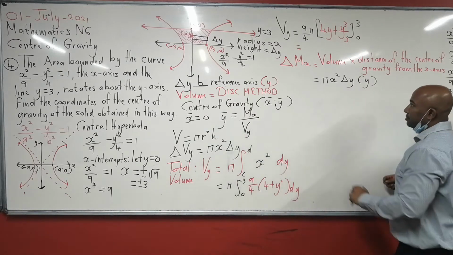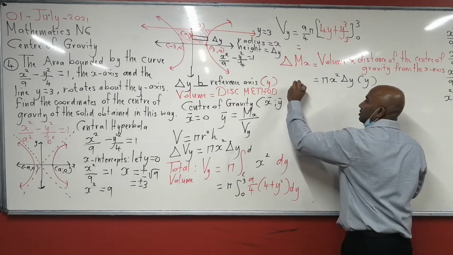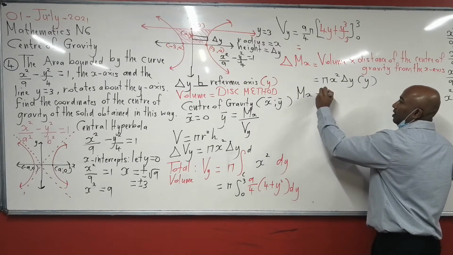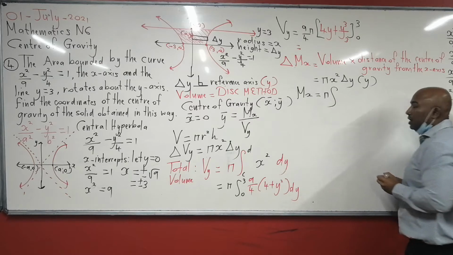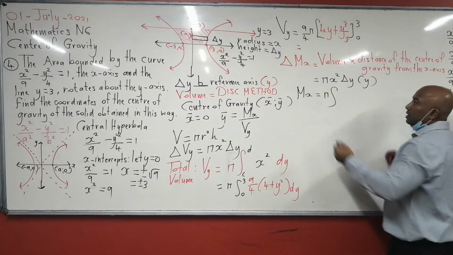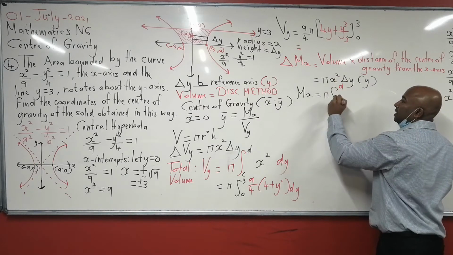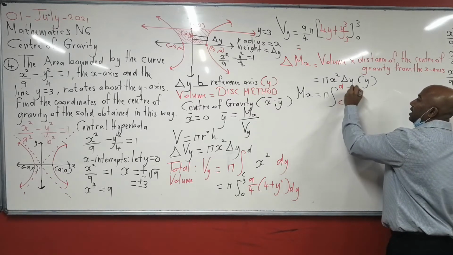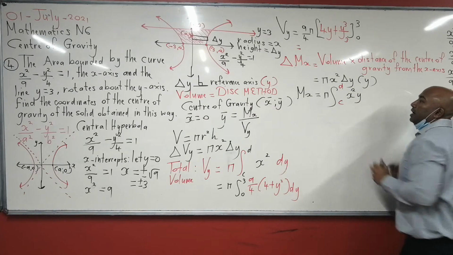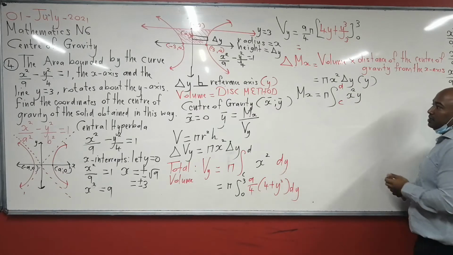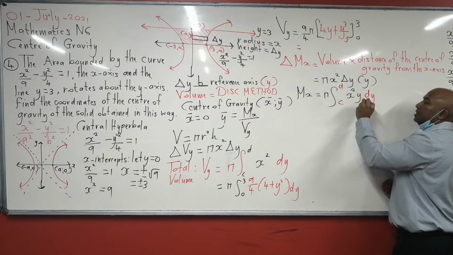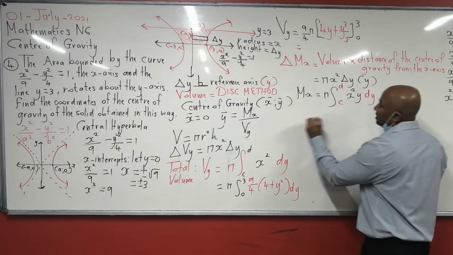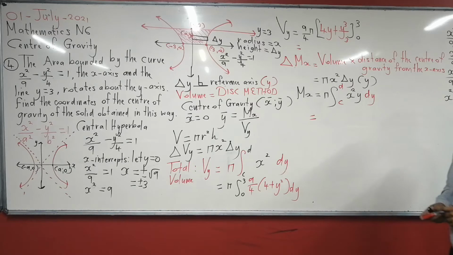Now, Mx, this is the total. So I've got my pi. Here I have d and c. So this is x squared y, and I'm integrating with respect to y, so that will be dy.